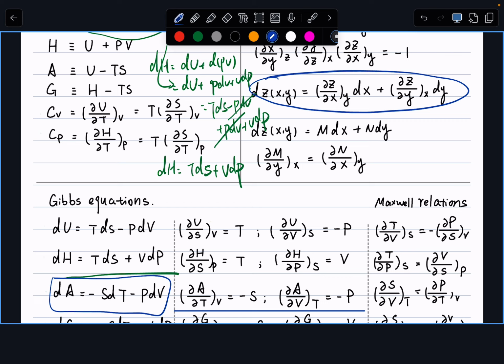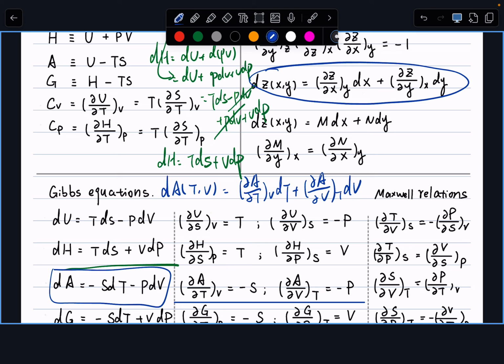So in this case, we have dA as a function of T and V. You write that as partial of A over T at constant V, dT, plus partial of A over V at constant T, dV. Right, and we just look at, okay, this one, partial A over V at constant T equals negative P, partial A over T at constant V equals negative S. Very straightforward.